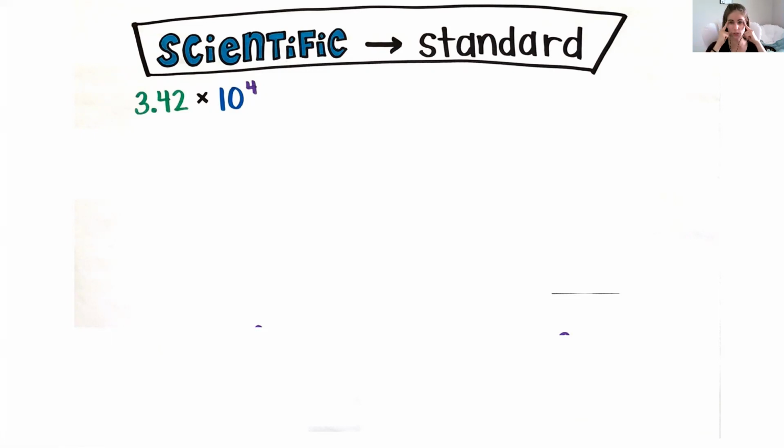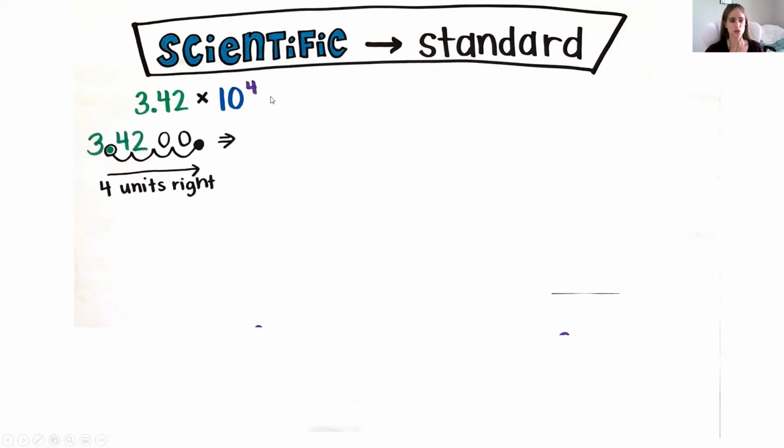Second, if we visualize a number line, my positive numbers are to the right, which means to convert, we are going to be moving our decimal point to the right. So that exponent is really the biggest part. The exponent is a 4, which means our decimal point is going to be moved 4 units to the right.